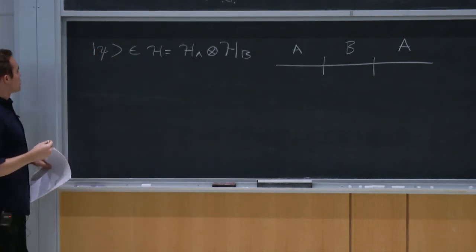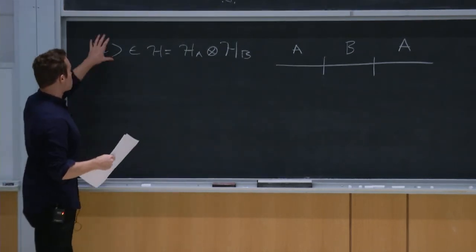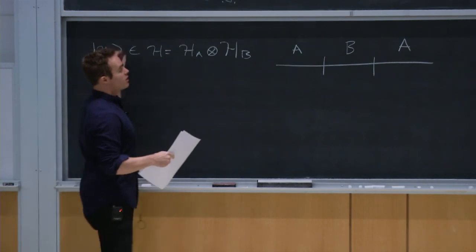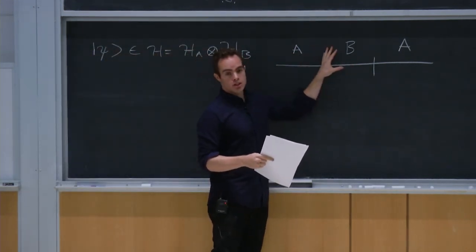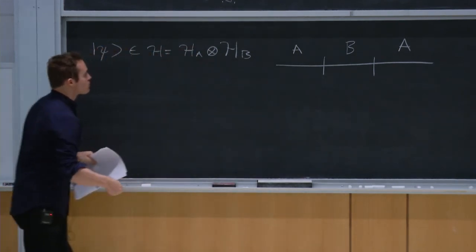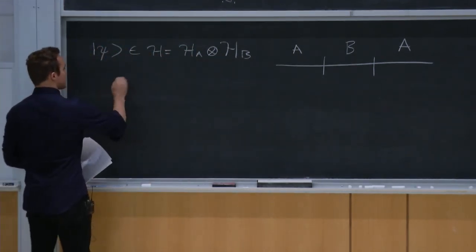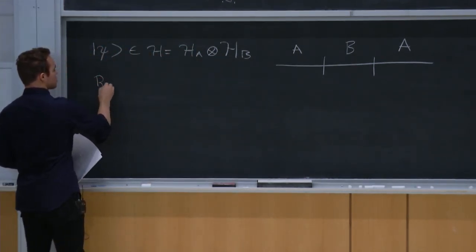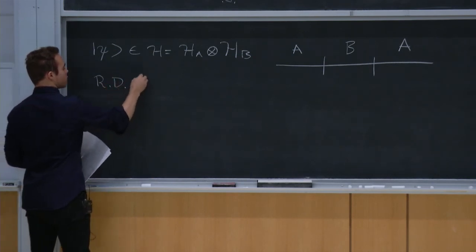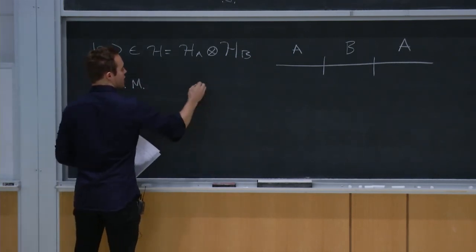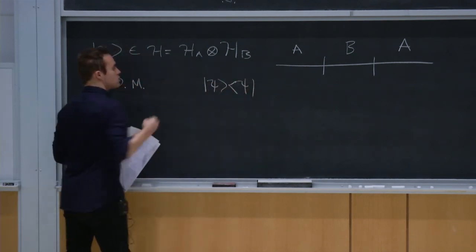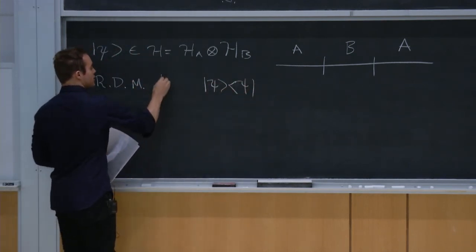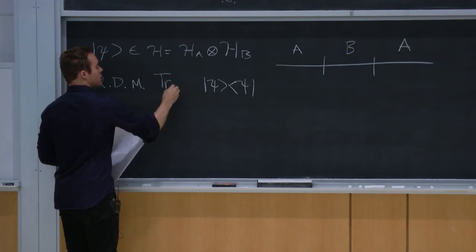OK, so the definition of entanglement is that it's a property of a state, but not just a state. It's a property of a state and a cut of the system into 2 subregions, so A and B here. Then what I do is I consider the reduced density matrix, RDM, for the system, which is defined by forming the density matrix for the pure state, which is kind of trivial here, and then tracing out the part of the system I'm not interested in.